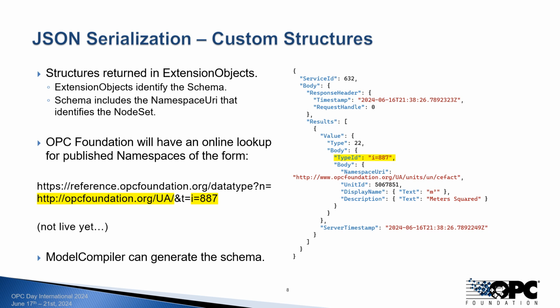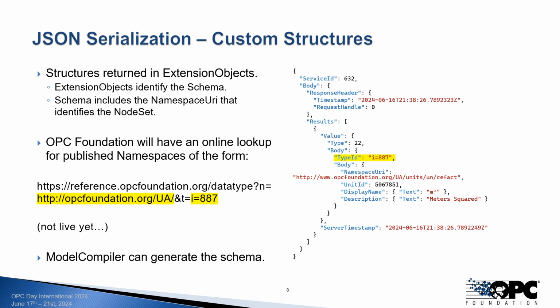So if you have a structure that is part of an information model, it comes back in the value. You see the value, and then the value itself has a body. Then you have this type ID. This type ID gives you all the information you need to go and look up the appropriate either the node set or the actual JSON schema file once we get the infrastructure in place.